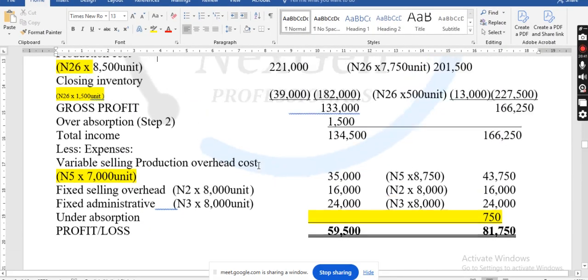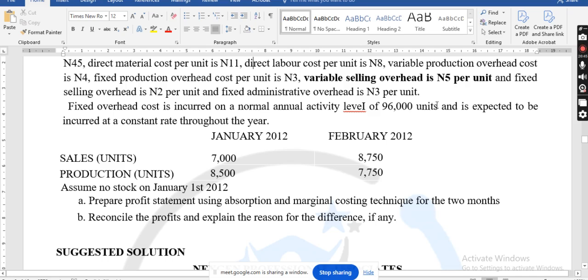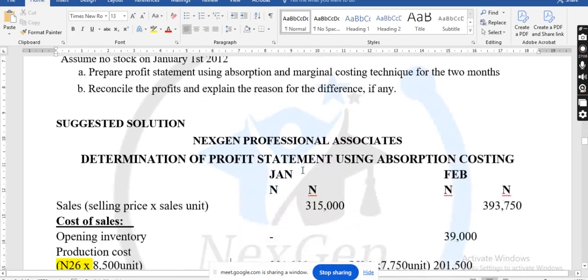Go back to your question where they tell you that the normal annual activity level is 96,000 units. This is for annual, and you have to prepare for January and February. You need to divide it by 12 so that you will get for January as well as for February. And that is why we get that 8,000 units.